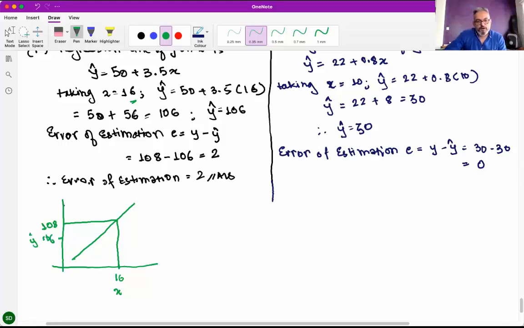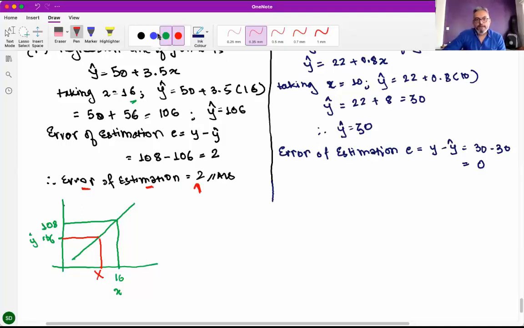So if we draw a line over here, it does not match with x. So this is wrong.